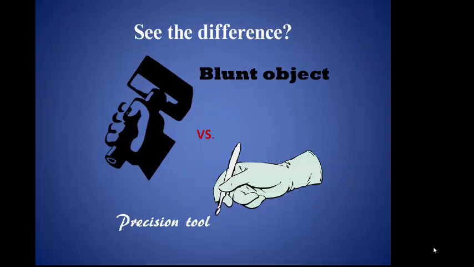What we're going to talk about is vocabulary, the importance of vocabulary. First of all, we can all see the difference between a blunt object and a precision tool. For most tasks, a precision tool will be much better. There are lots of words that could be used to express a certain idea or relate knowledge of a situation, but some of the words will be more like a blunt object.